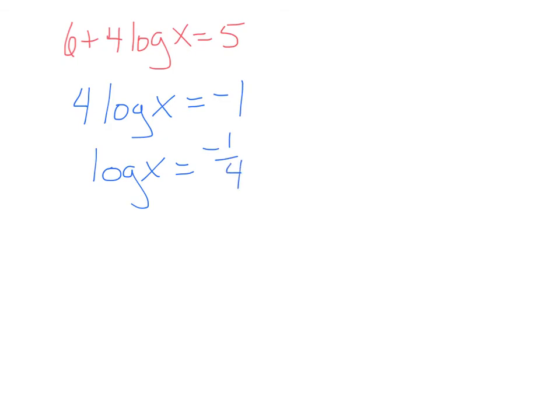And now the whole idea here is that log base 10 and raising 10, and having a base of 10, are kind of like inverses. And so just like we could take the log of both sides, what we can do here is set these equal to each other as if they were exponents.